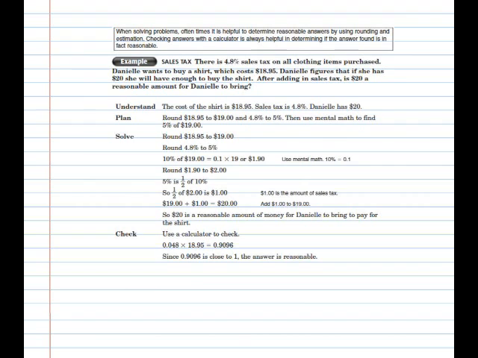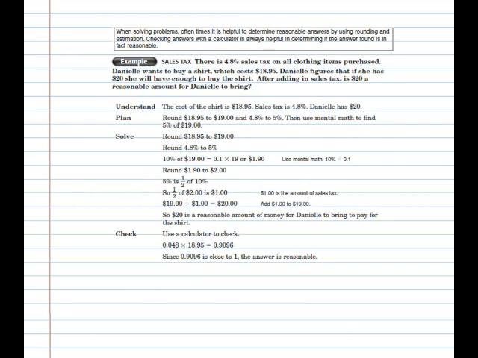This estimate here of 5% is $1. So we estimate the sales tax to be $1. The estimated cost of the shirt is $19. So $20 is a reasonable amount of money for Danielle to bring to pay for the shirt.